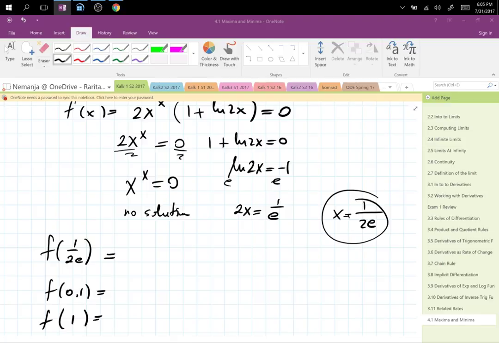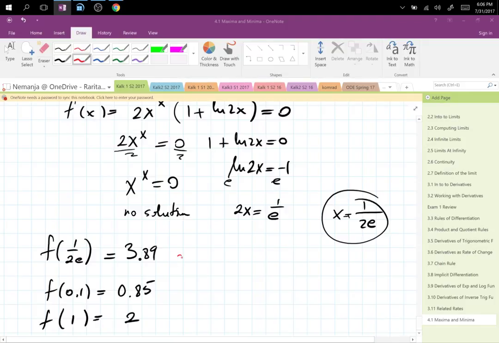So what do we have for these numbers? For the top one, I got 3.89. Anything else? 2. We only calculated one critical point, and we have 2 from endpoints.